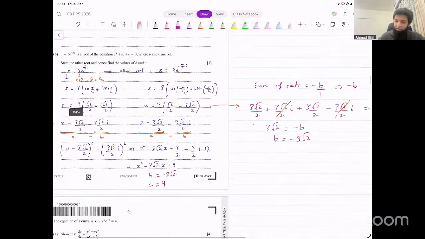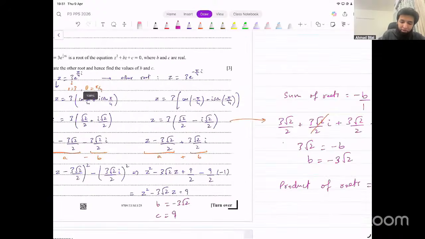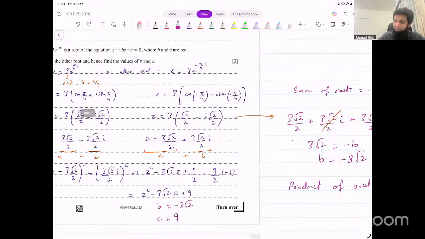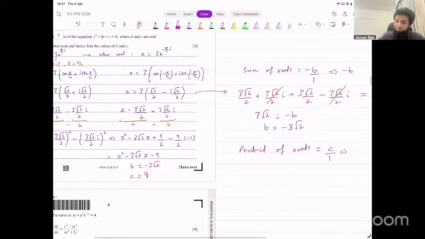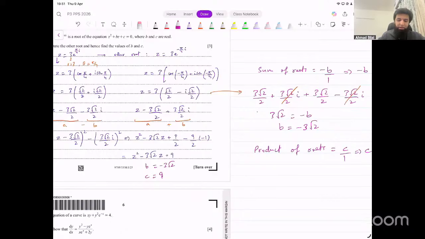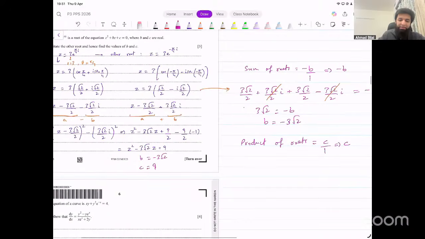Similarly, product of roots of a quadratic is c over a, the last term divided by the first term. So the product of roots is just equal to c in this case, c over 1. You could multiply those two roots, and then the product should equal c. Multiplication is more efficient in r e raised to power iota theta form, so you could use that form directly.